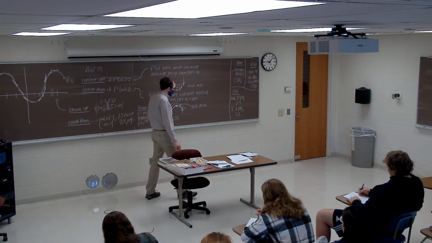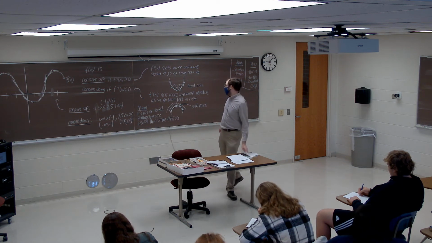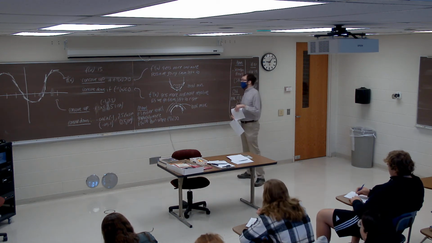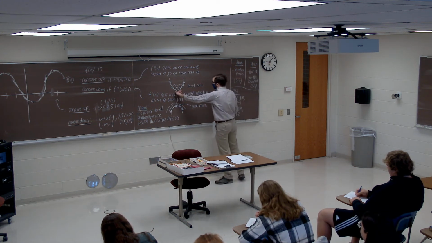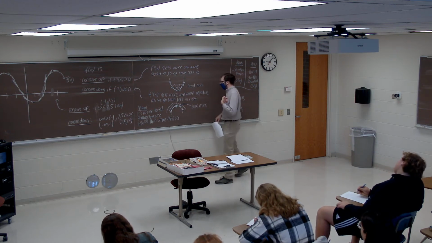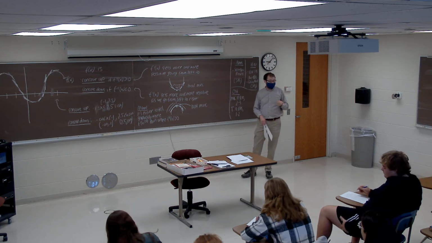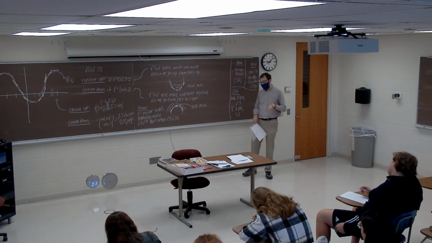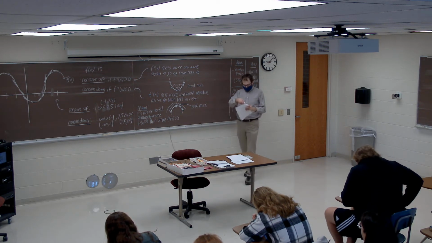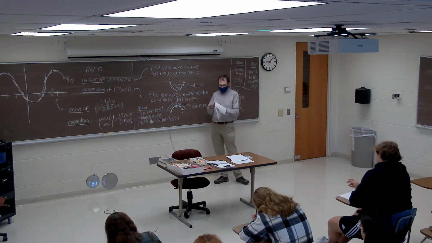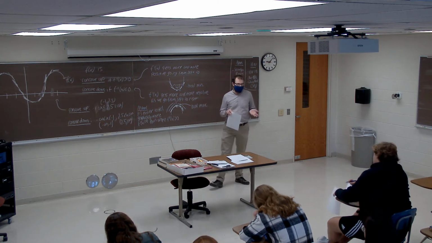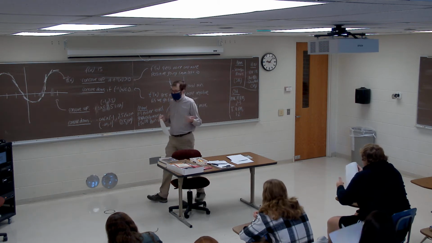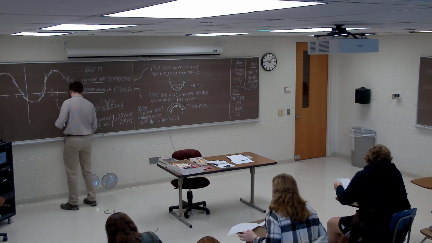This is always going to be true, that if you have a critical point of a function where it's concave up, you're going to have a local minimum. If you have a critical point like this, where your function is concave down, you're going to have a local maximum. And if we flip to the second page, we're going to have the theorem called the second derivative test this time that's going to tell us that.